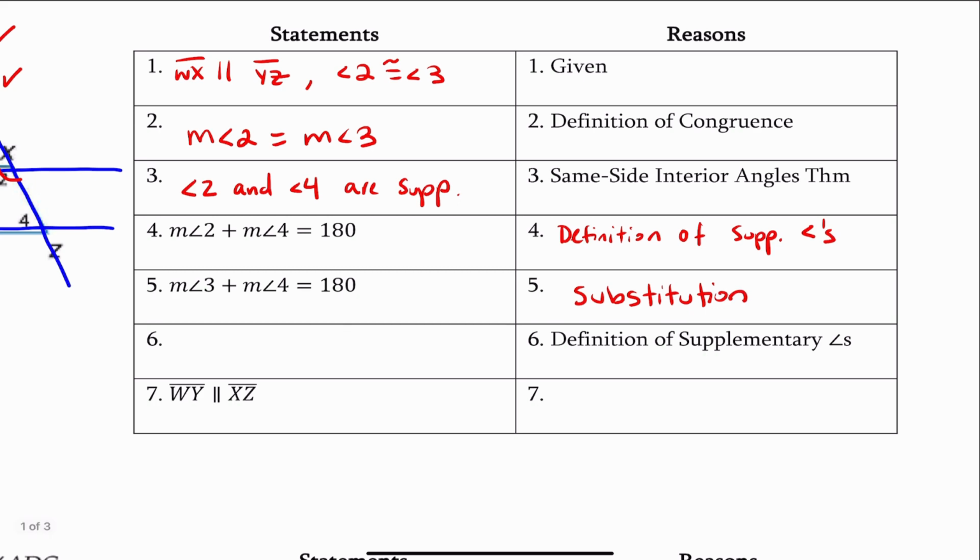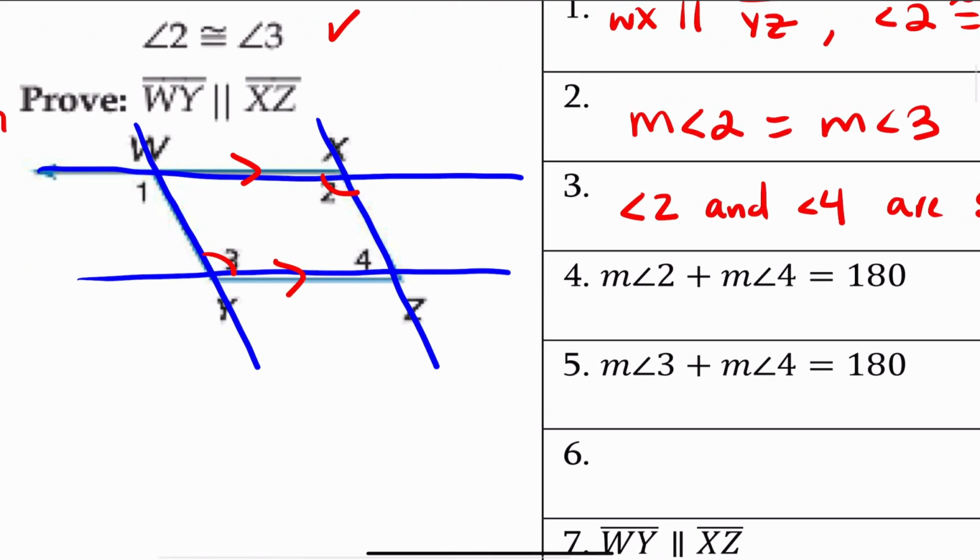Now, let's take a look at measure angle 3 and measure angle 4. So these are parallel lines cut by a transversal. We said that 2 and 4 are same side interior angles. And now 3 and 4 equals 180 because of substitution. Okay?